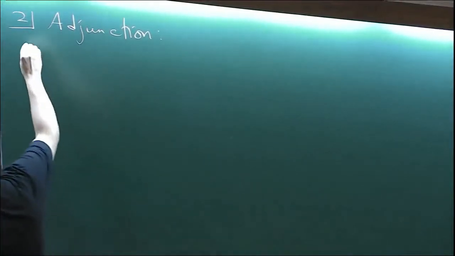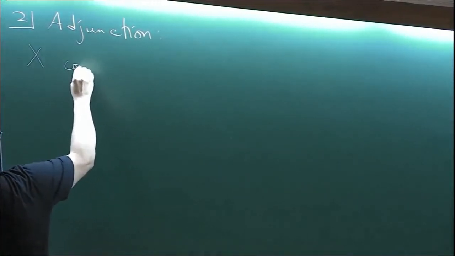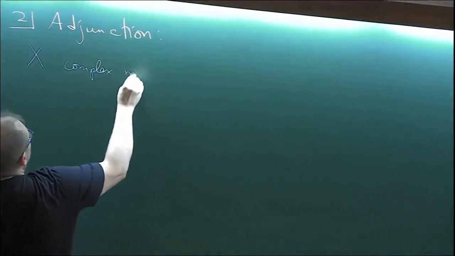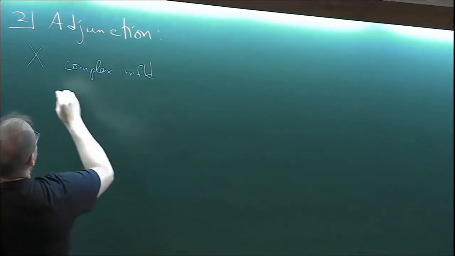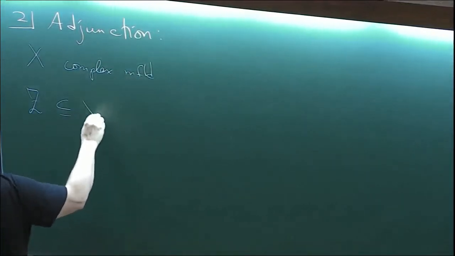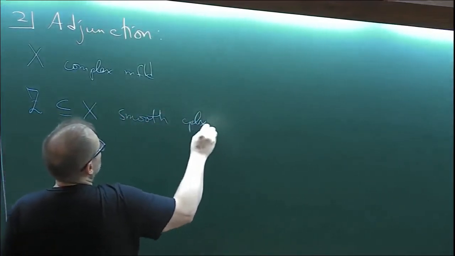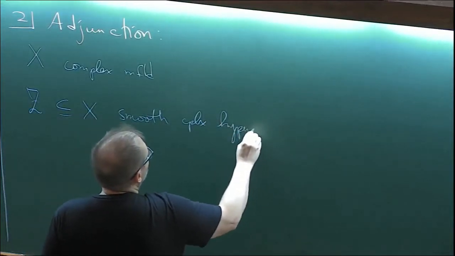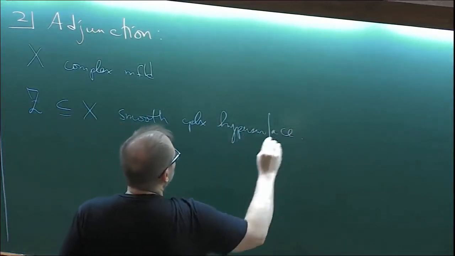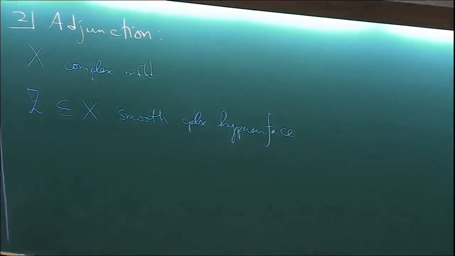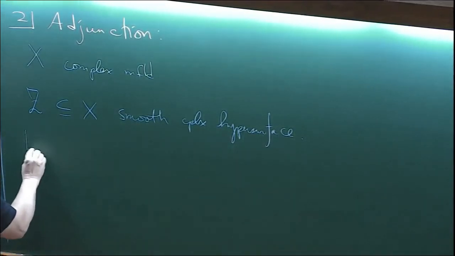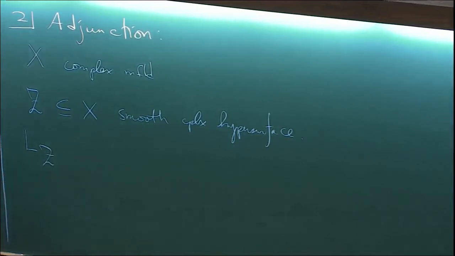So here, X will be some complex manifold, and let's say that Z in X is a smooth complex hypersurface. We talked early on, when we were giving examples of line bundles, about how such a thing defines a holomorphic line bundle. Let me just remind you of how you get this.